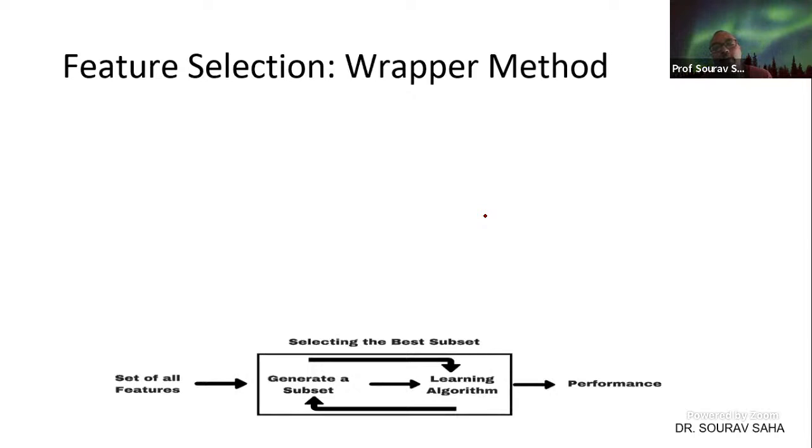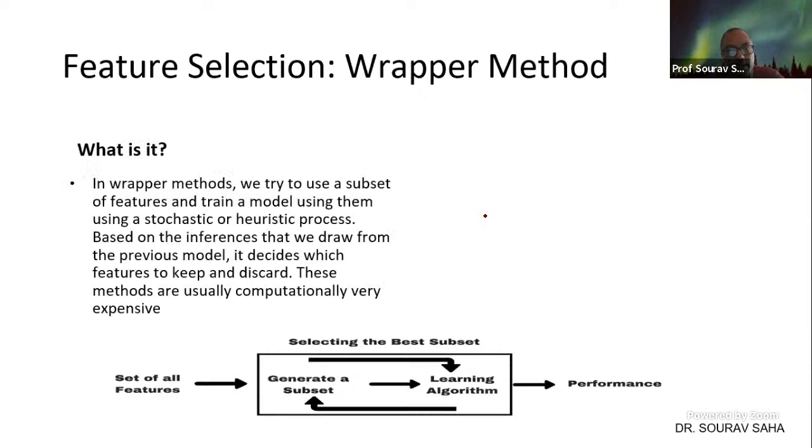Then you have something called a wrapper method. For the wrapper method, what happens is that you put this model to the set of all the features, and then it selects the best subset. In the wrapper method, a continuous cycling process happens, and it tries to select the best from the heap.